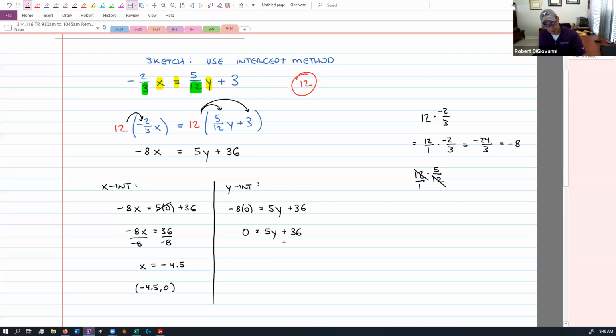I'm going to have to move the 36 to the other side, so I'm going to subtract it. And then I'll divide both sides by 5. And then again, you can use your calculator to get that. Negative 7.2 is my y-intercept. And that means I have a point 0, negative 7.2. Any questions?